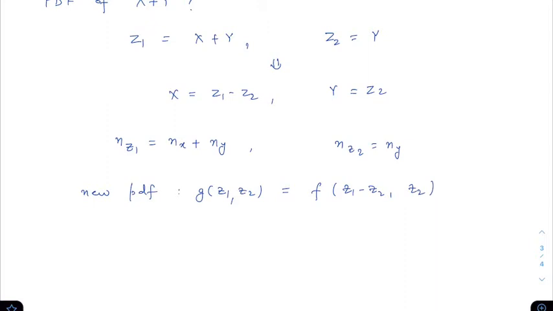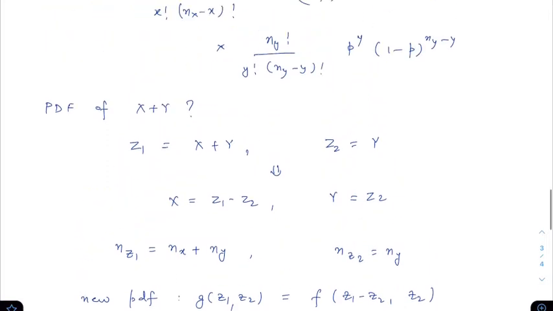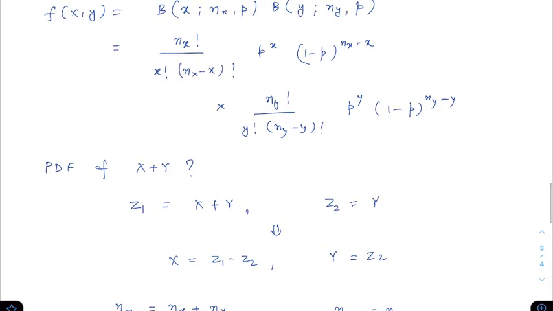So now we already have an expression for f in terms of x and y. We just have to substitute for x in terms of z1 minus z2 and for y in terms of z2.